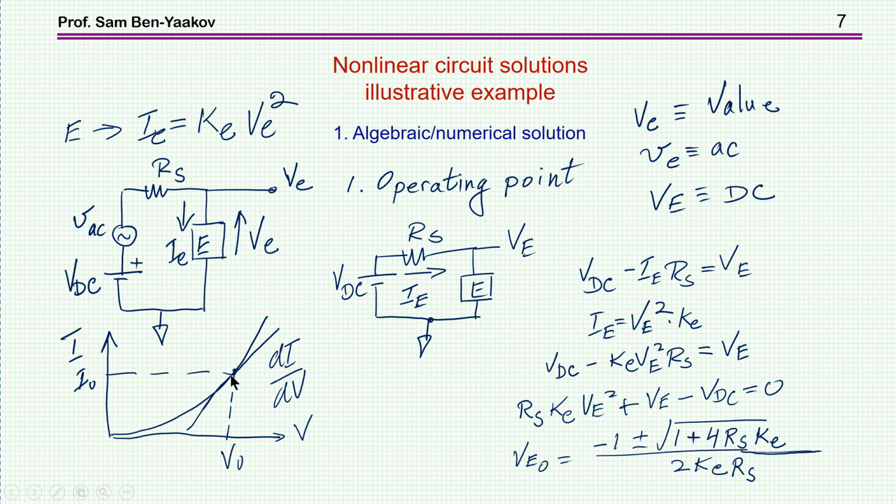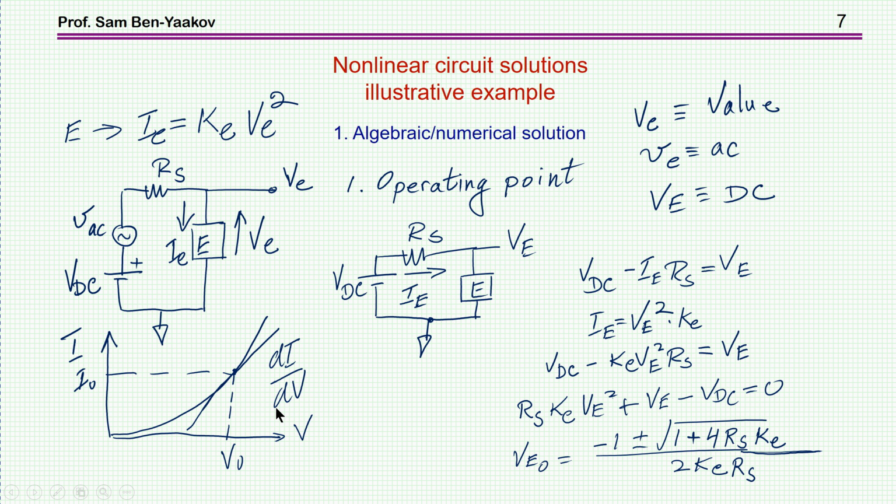So this is sort of representing the function, and I've found the operating point. This is the voltage, and of course, once I know the voltage, I plug it in, I get the current. This is the operating point.